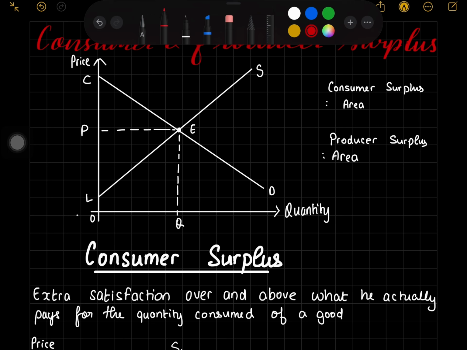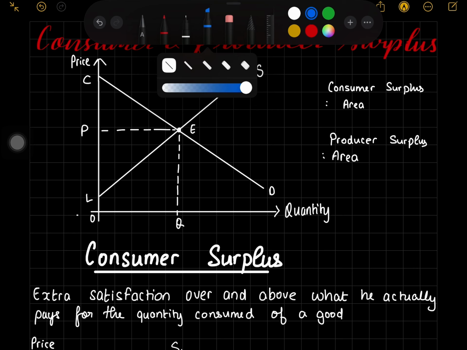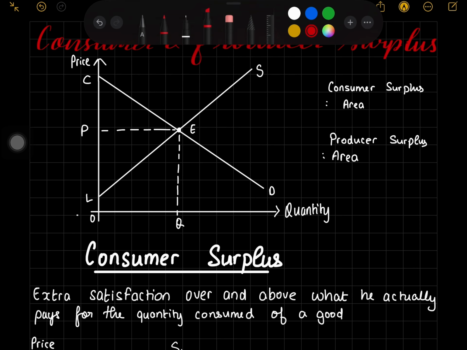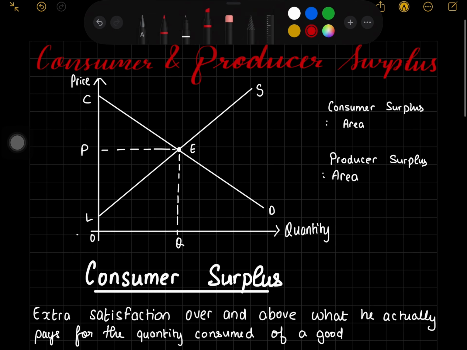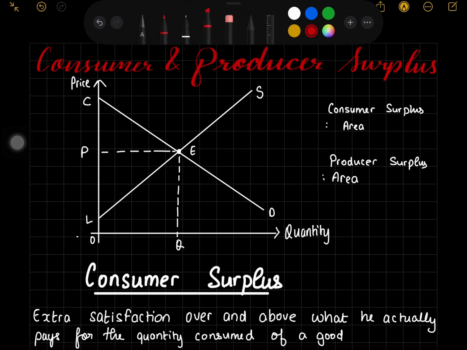So in this diagram, we will say that the consumer surplus is which area? Please think about that. You're right. Consumer surplus is this area. And this area is PCE.